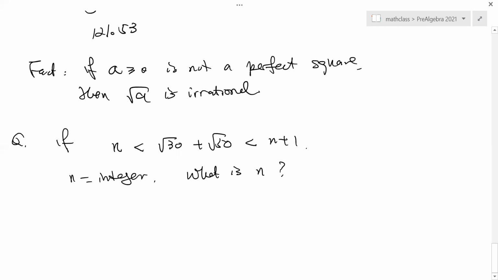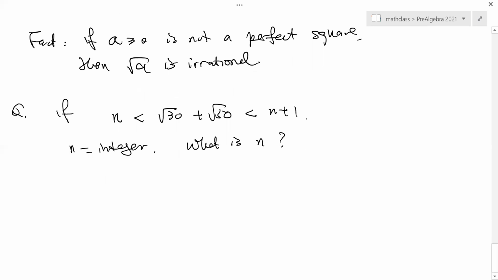So first of all, let's do rough estimating. N must be an integer.